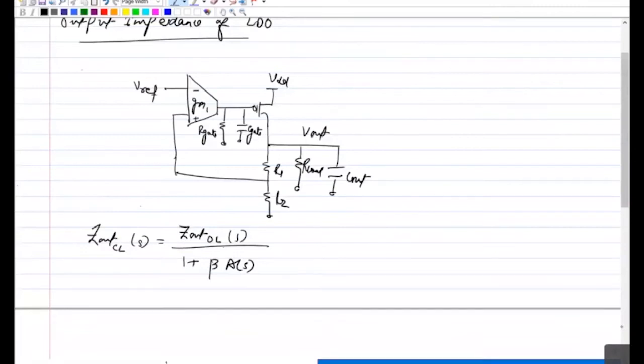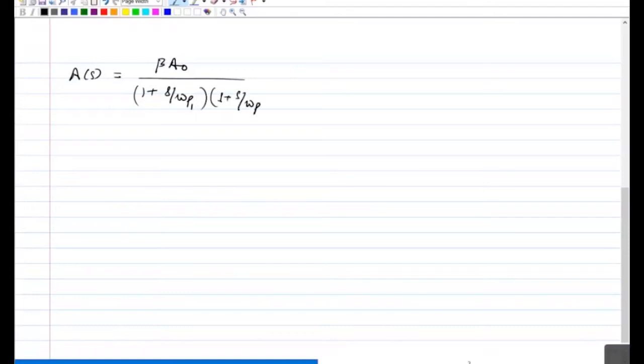So now for the second order, here your A of S is A naught divided by 1 plus S over omega P gate, into 1 plus S over omega P out.